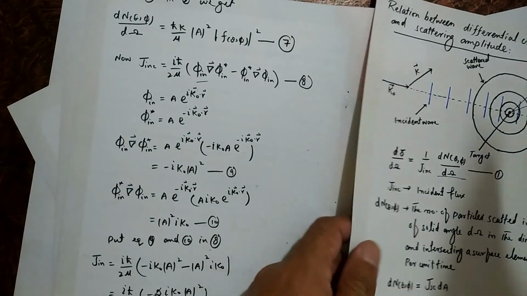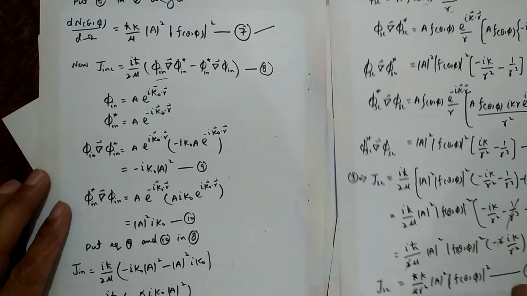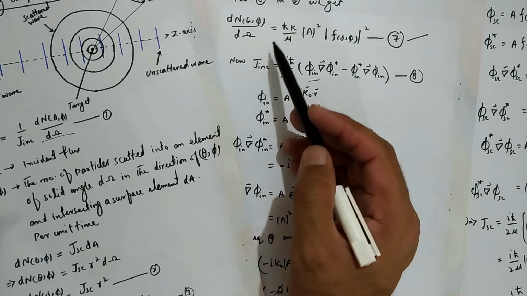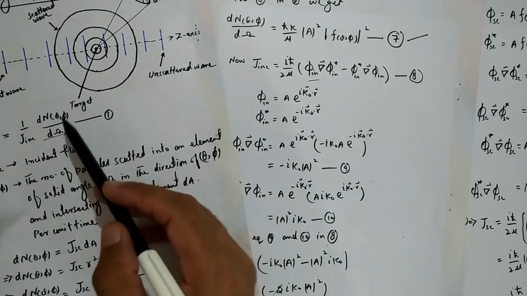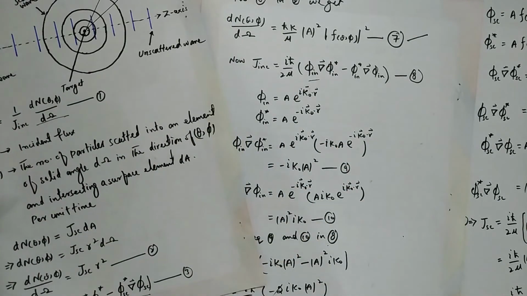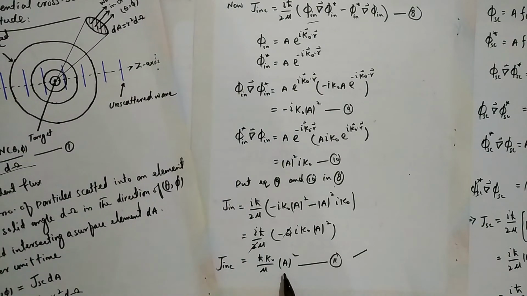So we have obtained our two important results, equation number 7 and equation number 11, and now we have to substitute them in equation number 1. This is equation number 7, which is dn over d omega, and the J incident is h cut k naught over mu into a square.